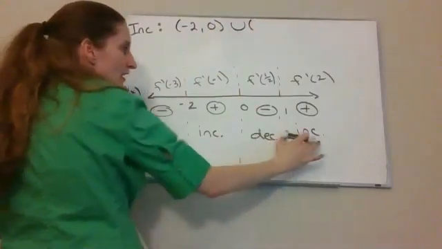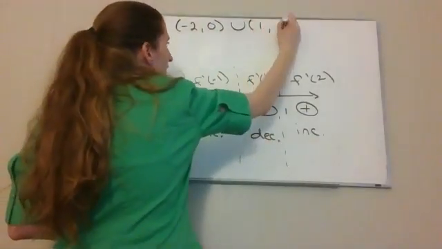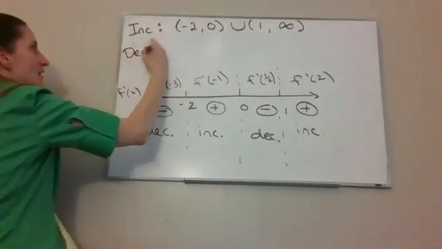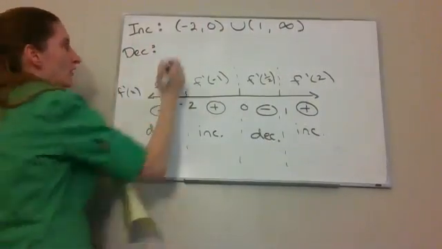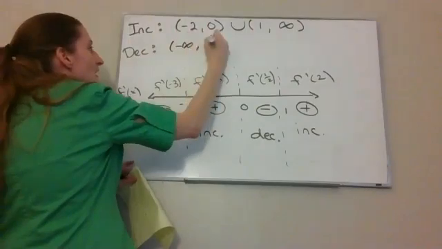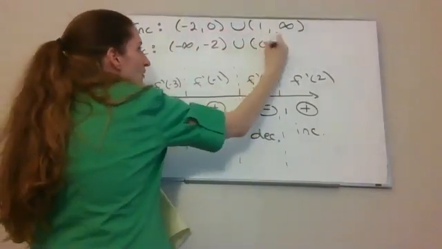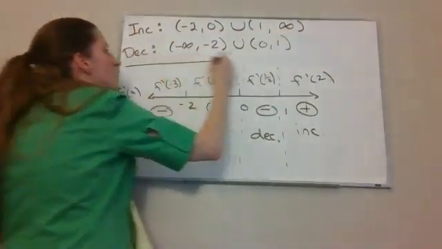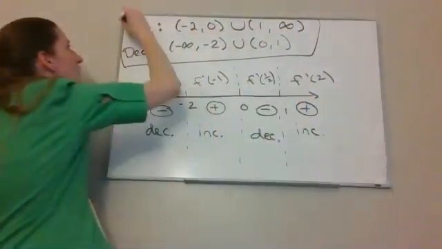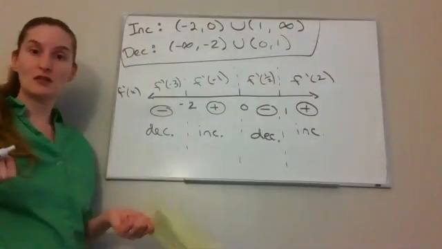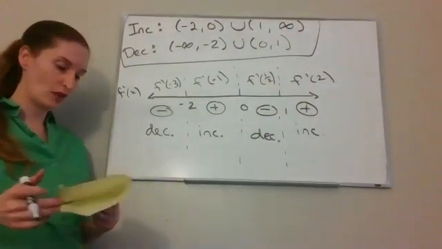And then again, starting at 1 until infinity. And then I'm decreasing in this first chunk, that's -infinity to -2. And I decrease again between 0 and 1. And there we go. We found where the function was increasing or decreasing by looking at the derivative.